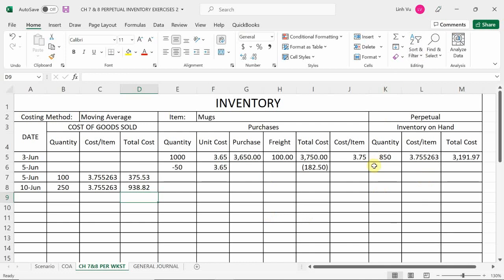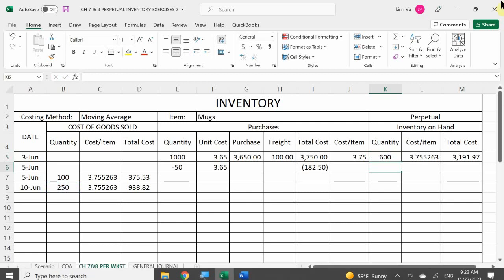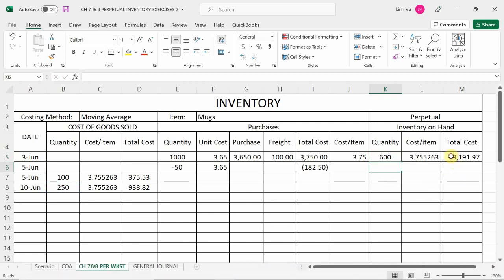So in this case, I no longer have 850, right? I have 850 minus 250, which should give you 600. Okay? And in this case, I no longer have 3,191.97.